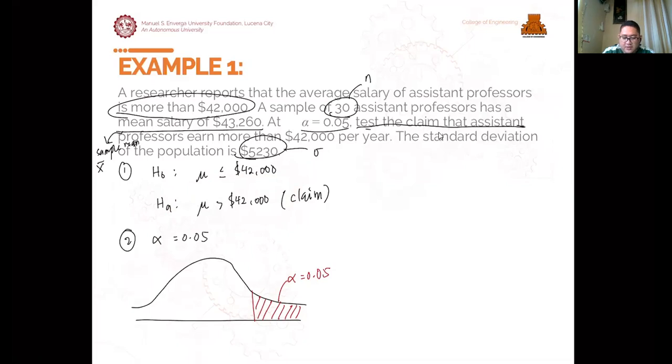Then, para makuha mo yung critical value, kailangan mo kunin yung Z value nito sa mismong Z table natin. So, yung 0.05 is yung probability ng shaded part. So, para makuha natin yung Z value, kailangan natin ng anong value. So, itong value na 'to, no?